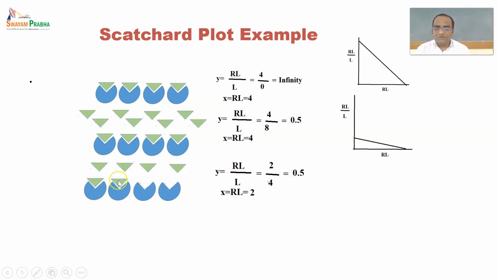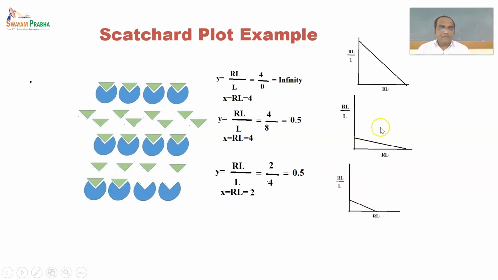Here RL is 2, the 2 receptor-ligand complexes, divided by the concentration of L, which is 4 ligands. The value will be plotted at 0.5 on the RL scale, and again it will be minimal. So here the slope has decreased.